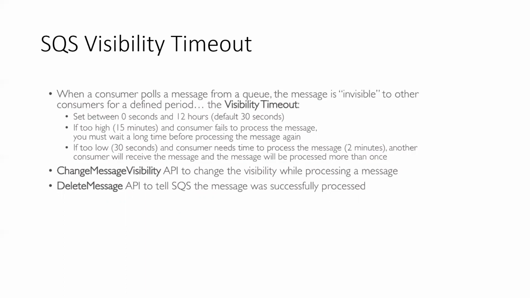And if it is too low, like 30 seconds, ideally the default time is 30 seconds, but the consumer needs some time to process the message. Here we are talking about a scenario where you have a lot of messages in the queue, not one or two, and at that point it takes at least 2 minutes to process the messages.